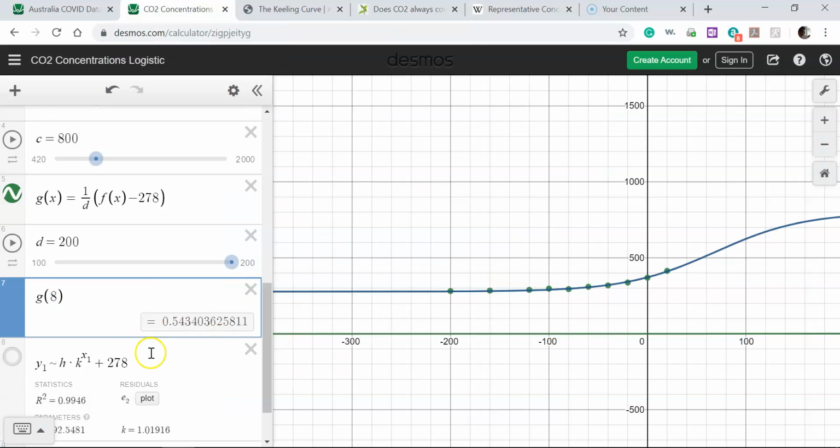So you can play around with that a little bit, but then you could use that to predict: hey, if this is my model, and we're going to cap out at 800, where are we going to be in the year 2100? And this is saying, with that 800 parts per million being the cap that we are approaching, in 2100 we'd be about 1.7 degrees Celsius above the average.